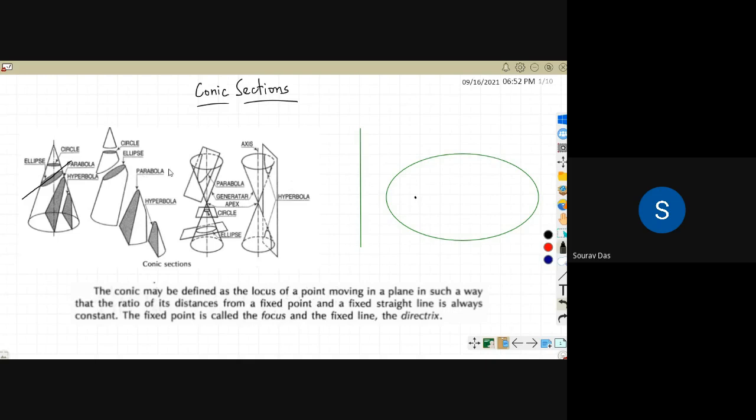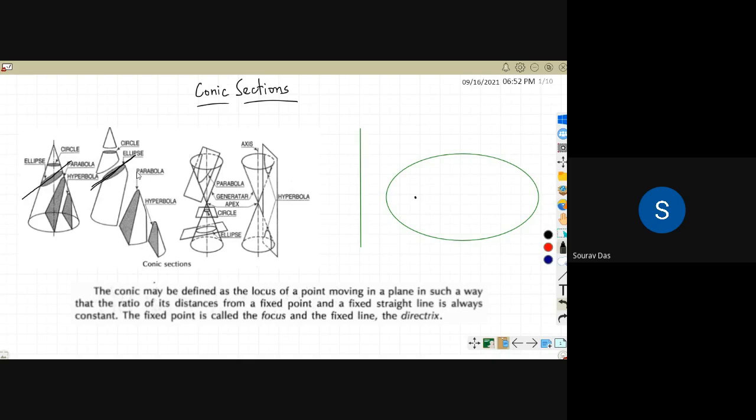If the section plane is inclined to its axis and cuts all the generators on one side of the apex, then the section is an ellipse. So this is the ellipse section which we get.